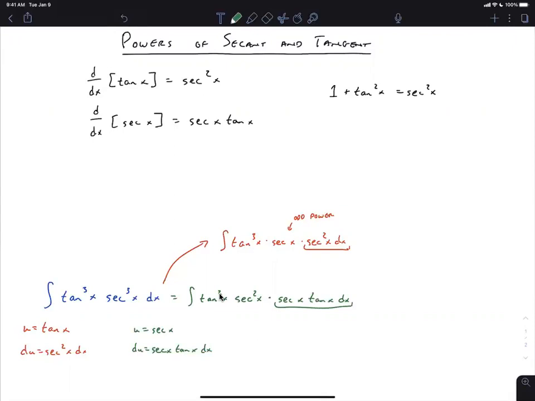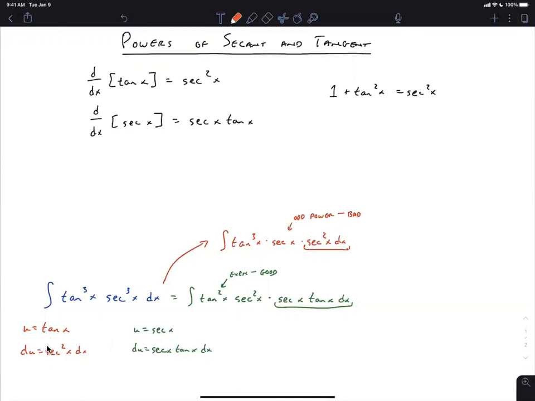So this even power, that's good. Up here, the odd power, that's bad. And so after we separate out the du, the one that is not u needs to have an even power. The fact that tangent has an even power here means it's going to work. The fact that secant has an odd power here means that's not going to work well.